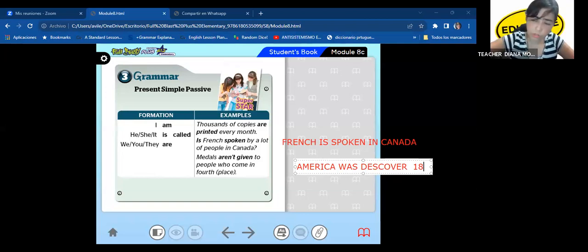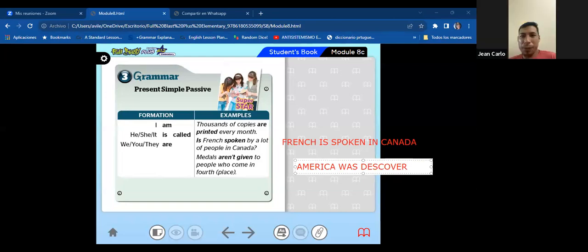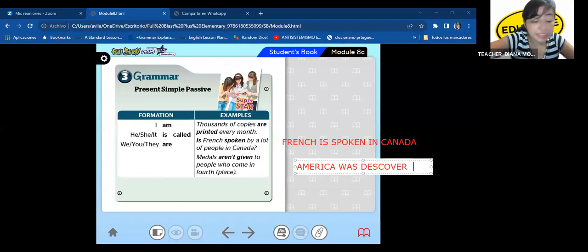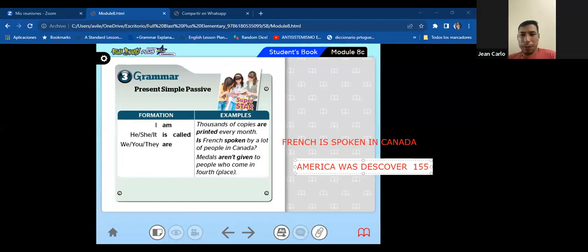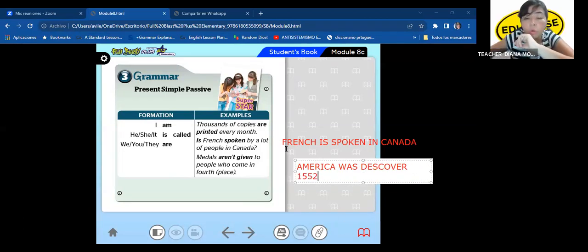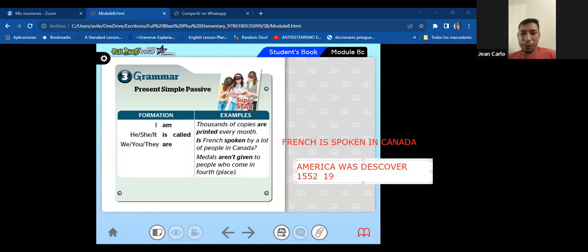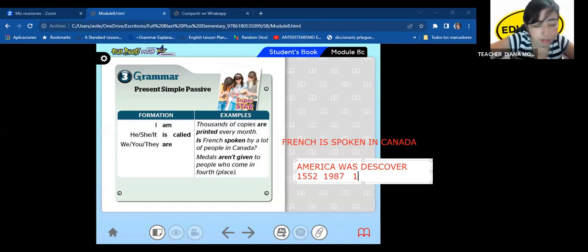1,800 44. Okay, when you want to give the numbers, let's do a parenthesis here because everything is important, right? We are learning here. So in this case, when you give years, for example, we said 1552, 1987, 1675, two by two.